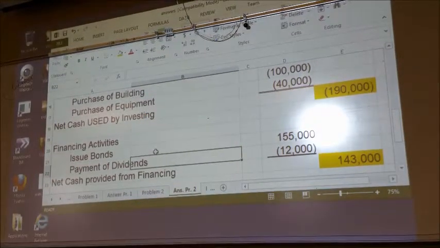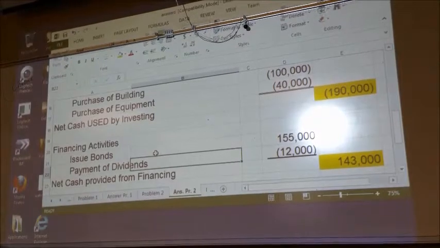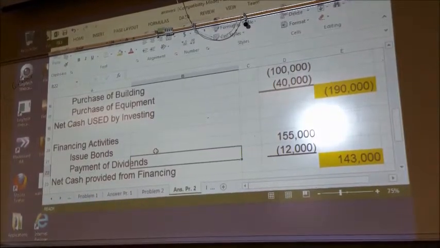We had bonds, and then we issued a dividend, $12,000.